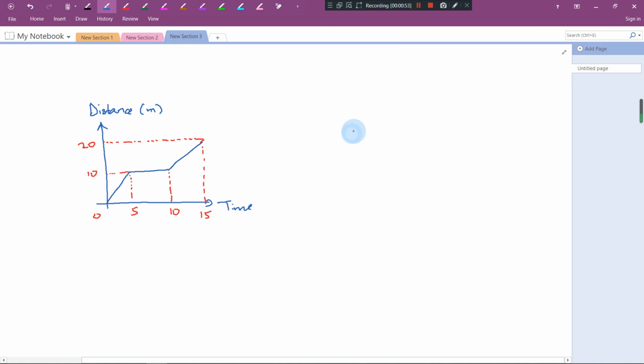Now let me draw another graph having exactly the same shape, but now the axes are different. This is speed, meter per second, and this is time, second.